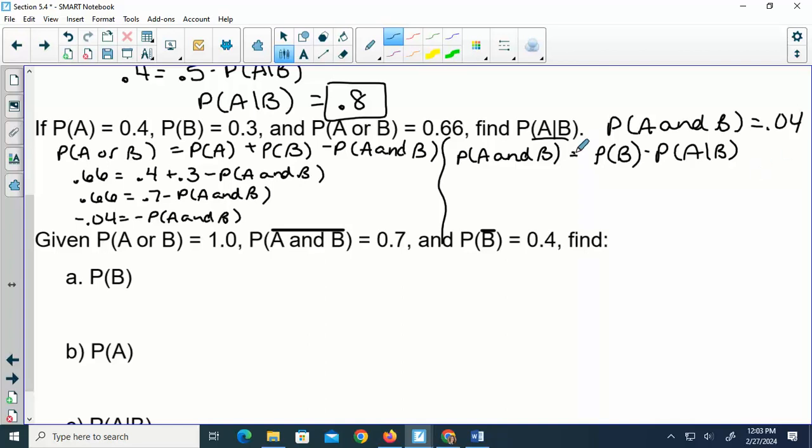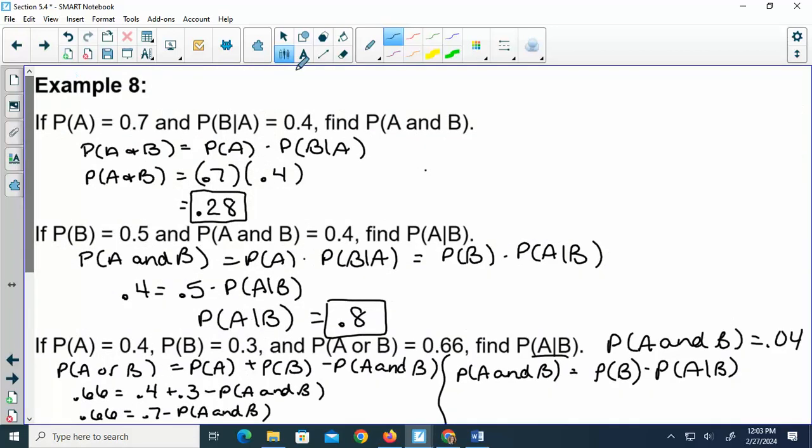Do you guys understand how I'm picking my and formula and flipping my A's and B's? So basically for your conditional, when you do the and, whatever your given is has to be the other probability you multiply by.